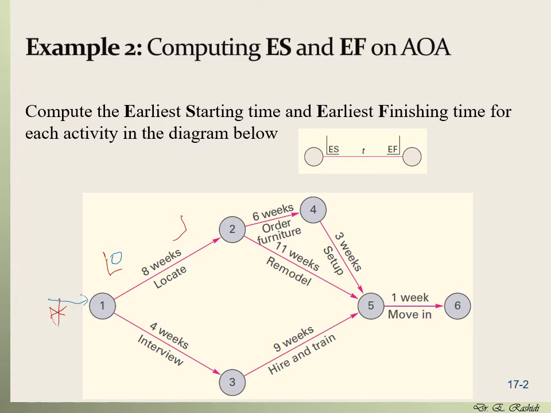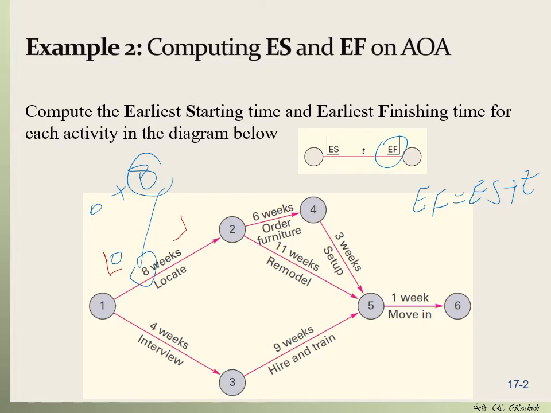So because there is no activity, we can start right away at time 0. To compute the early finish, it is equal to early start plus t. So for 1 to 2, the early finish would be 0 plus 8. This is t, 8. So it's 8 here.